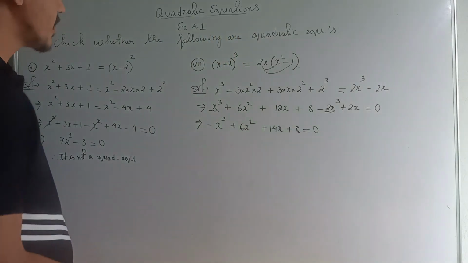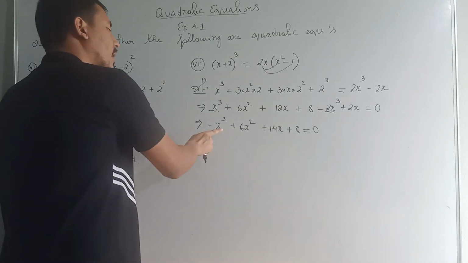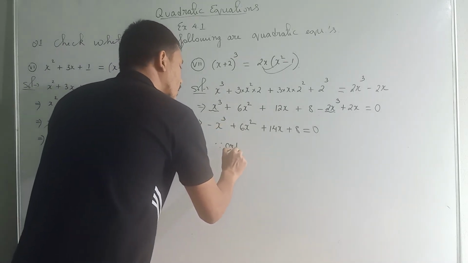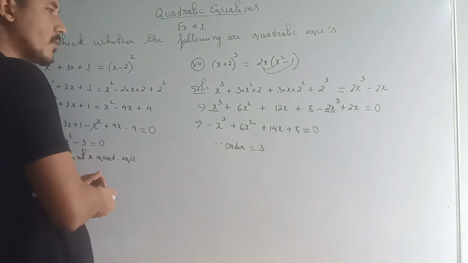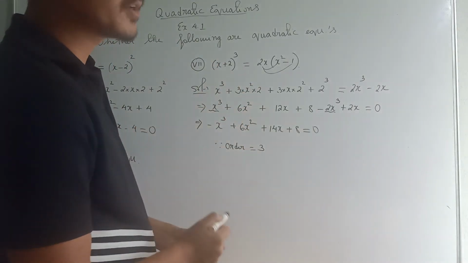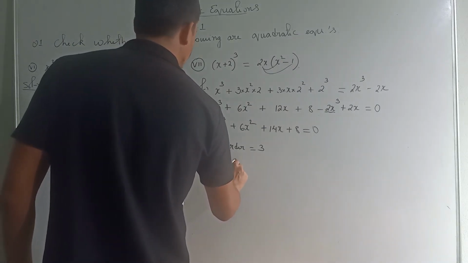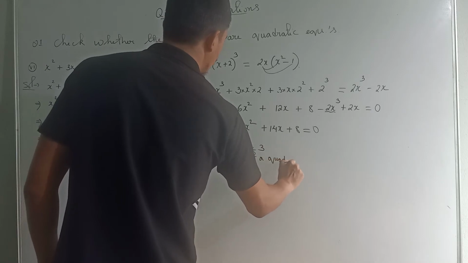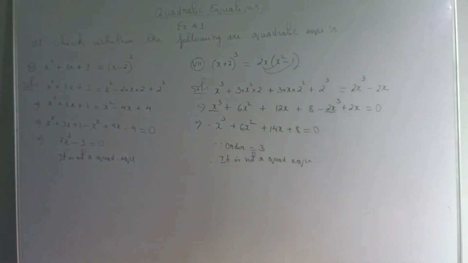Now in this equation, since the highest power of the variable x is 3, the order of the equation is 3. And if the order of the equation is 3, that's a cubic equation, not a quadratic equation. Therefore, it is not a quadratic equation. That's all from question number 1.